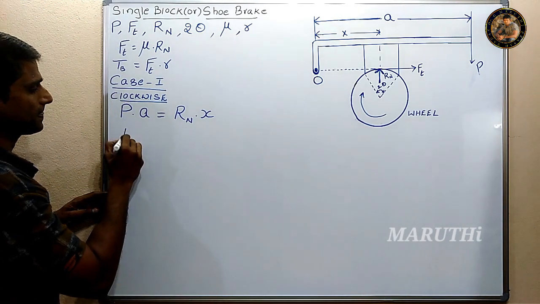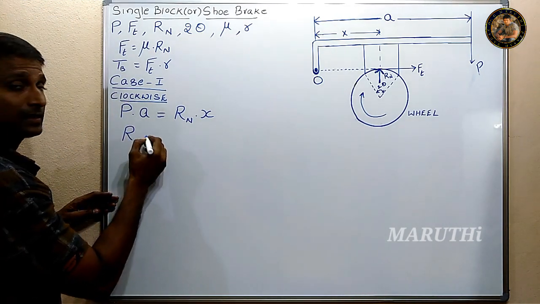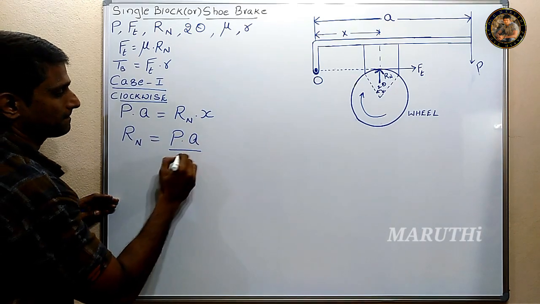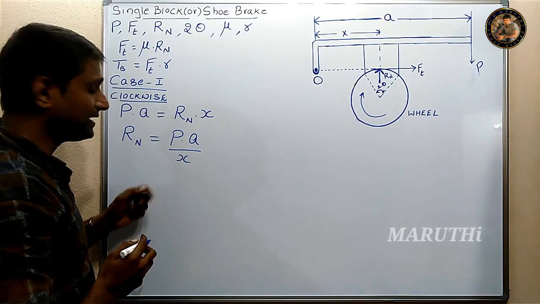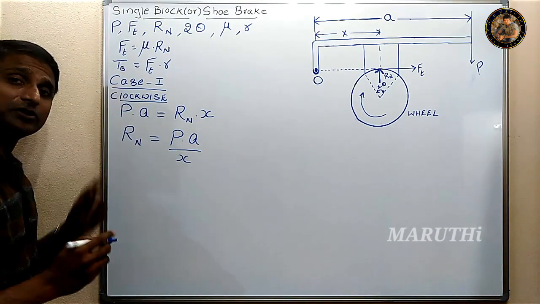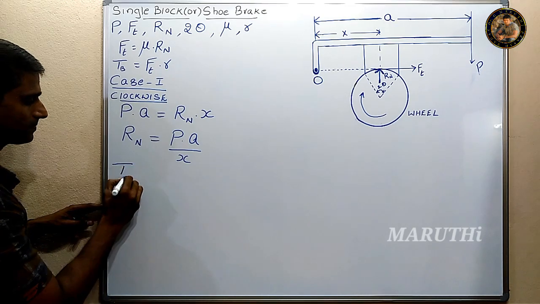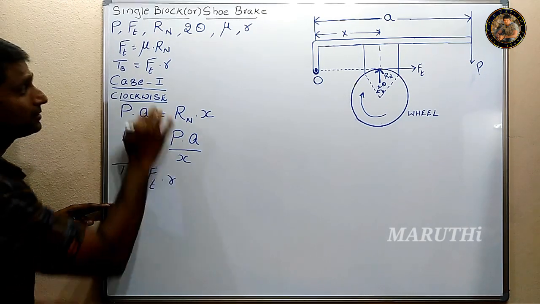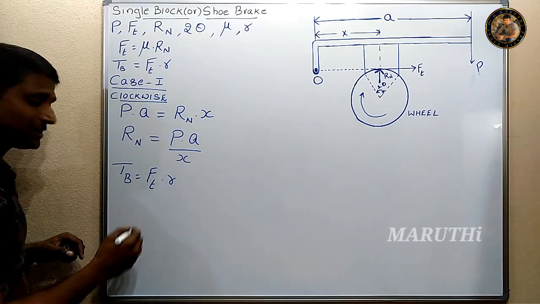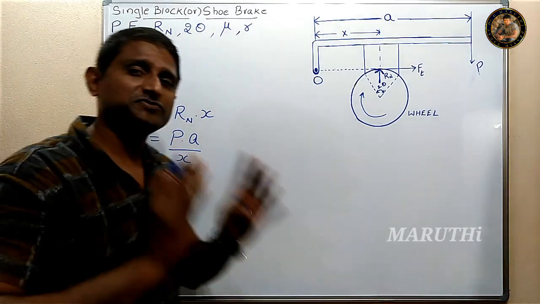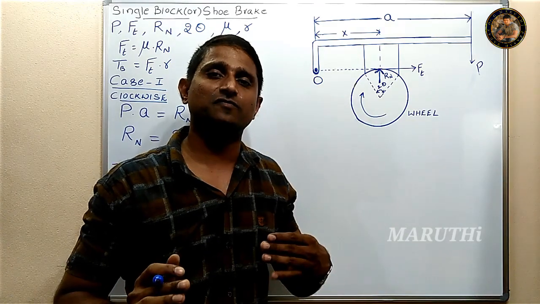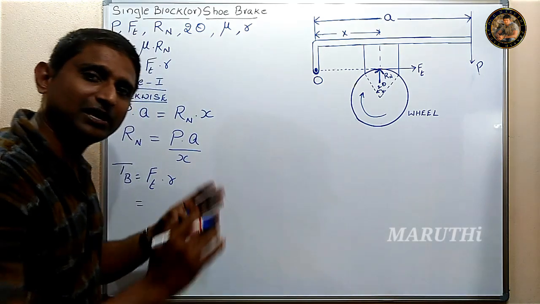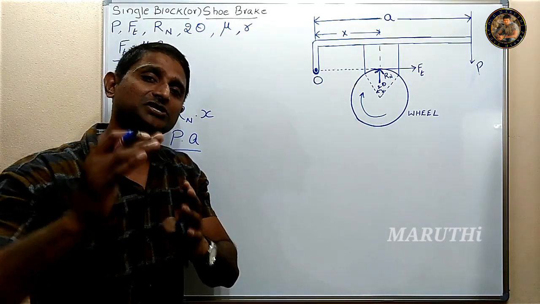So from this, Rn equals PA by x. And here the braking torque T suffix B equals Ft into r. Where we know that coefficient of friction is equal to friction force F by normal reaction R. So from that, friction force is equal to coefficient of friction into normal reaction.